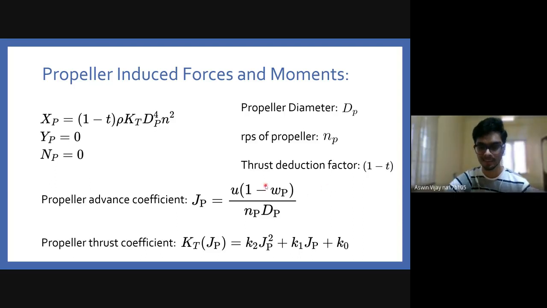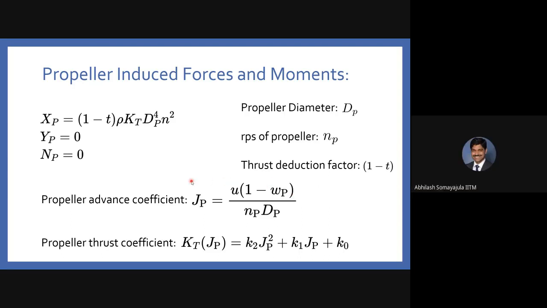Sorry, can you repeat that? What will be lower? If you had the hull, and I were towing it, and the ship was moving at, say, 10 knots, the velocity at the propeller disk, when the propeller is not there, yes, it will be lower than 10 knots.